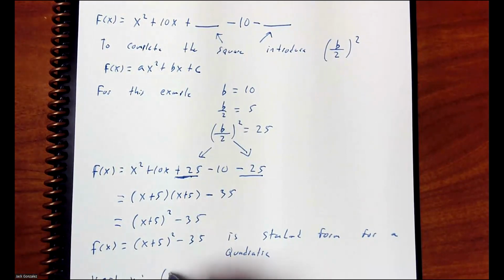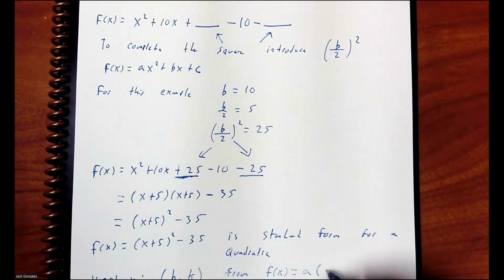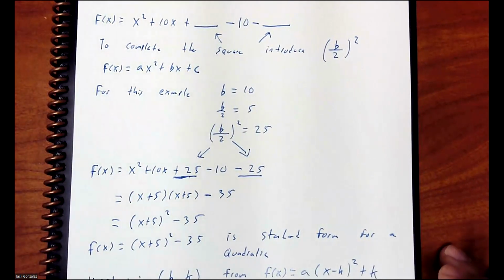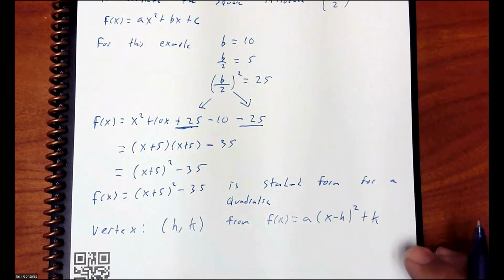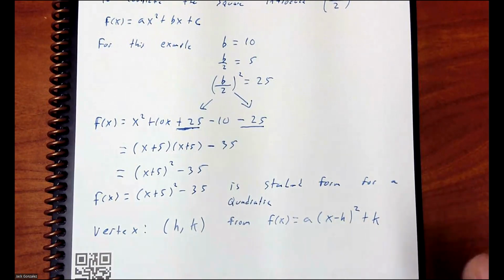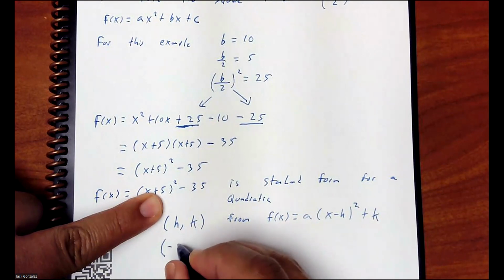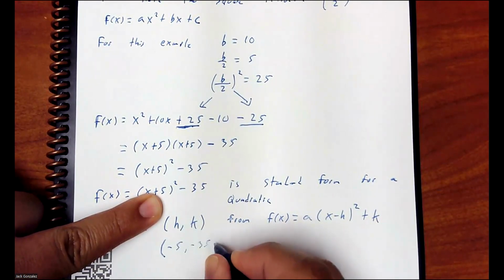Vertex is always going to be (h, k) from this guy. So just take the opposite of whatever h is, put it in here, and then write down the k. So our answer will be, in this case, (-5, -35).